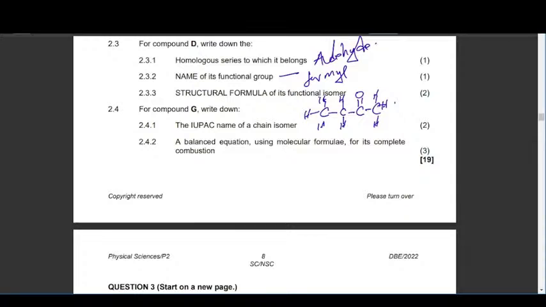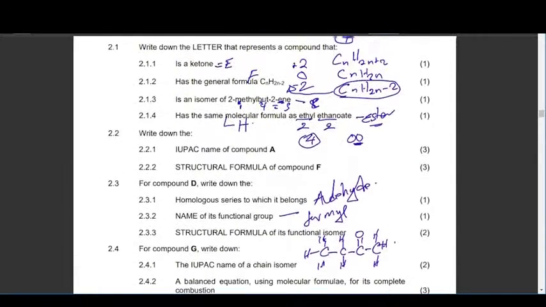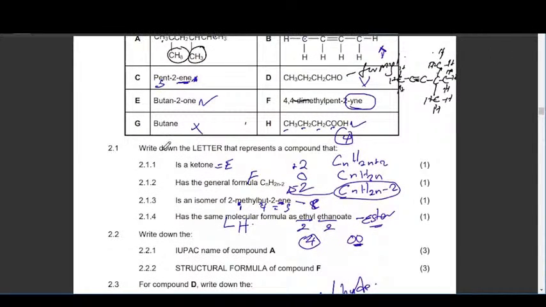G is butane. So what is the IUPAC name of its chain isomer? I just have to create a branch. Butane is 4, so I have to make it 3.